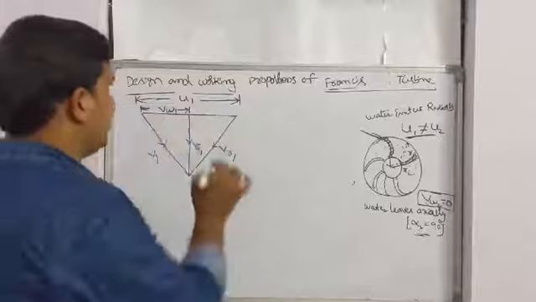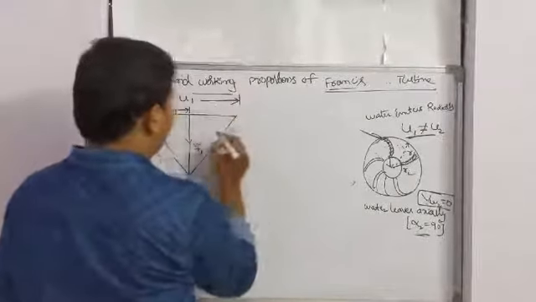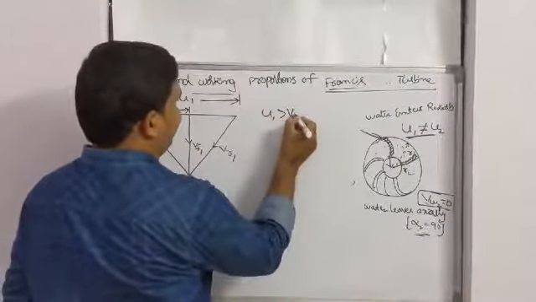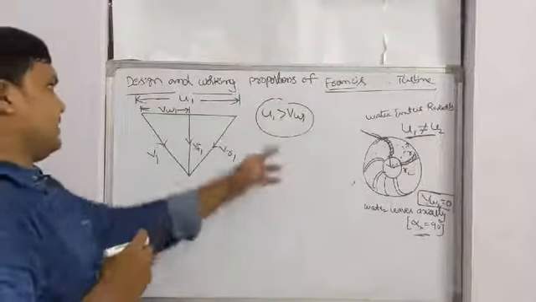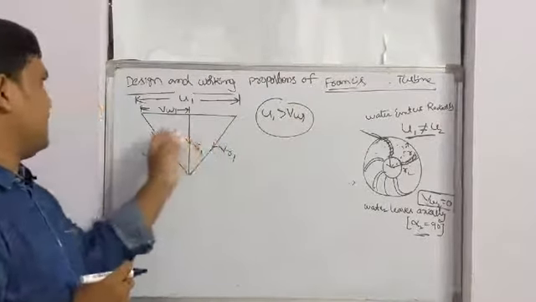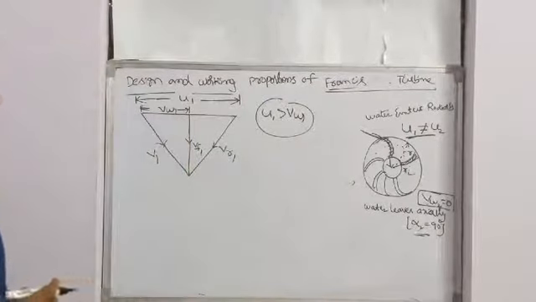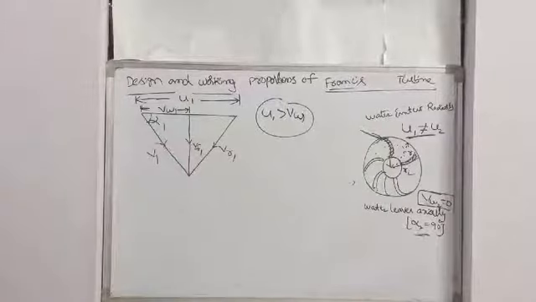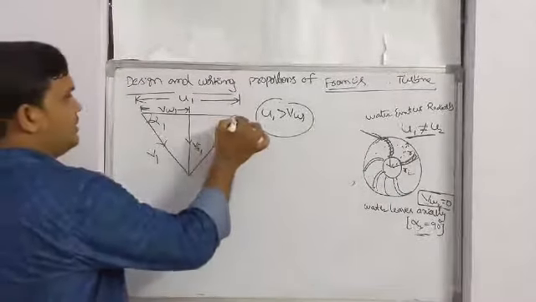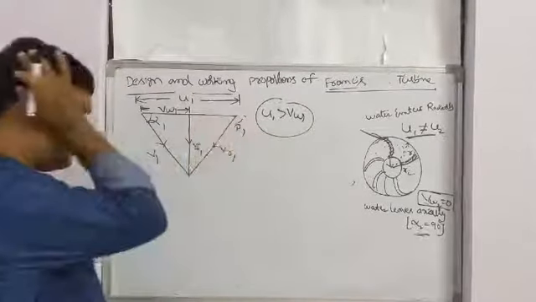In the general case, if U1, the blade velocity at inlet, is greater than Vw1, the velocity triangle will be like this. This is alpha 1 and this is beta 1.